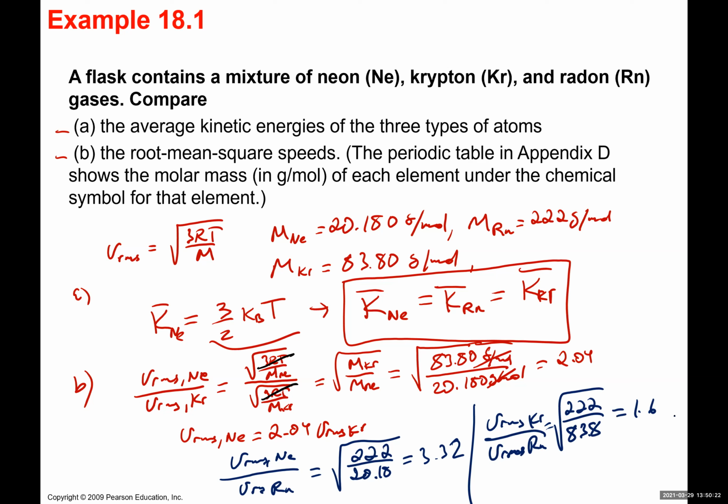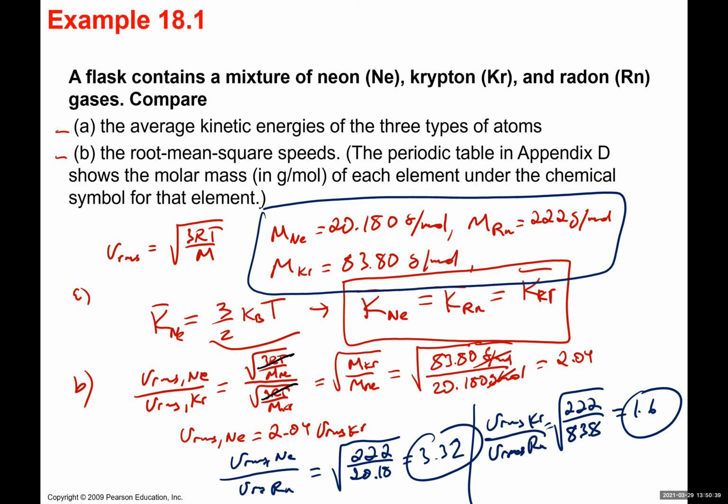Okay. So you can see those are the ratios we can use to figure out the speeds. Hopefully, those are things that you should not try to remember. Everything will be given to you or in the table, right? But you can see it's easier to get it from those quantities.